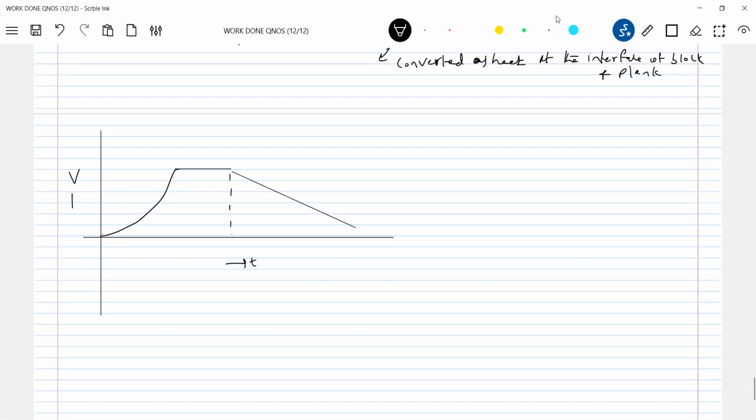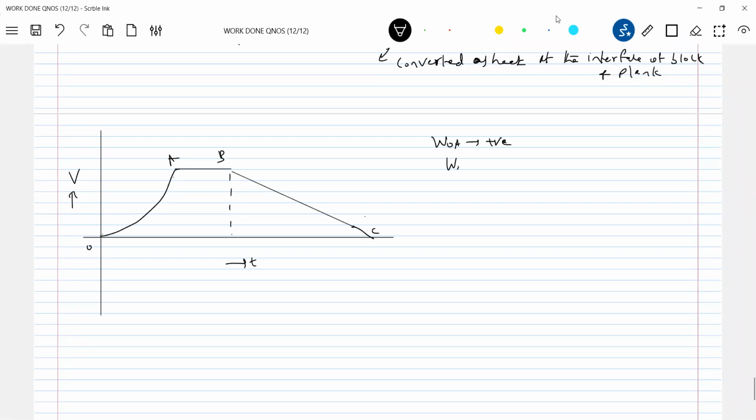Can you say anything about the work done by the force at various stages? For OA, shall I say positive? Speed increases, kinetic energy changes, net work done by the forces will be positive. And there can be more than one force acting. Some forces will be doing positive work, some negative work, but net work done will be positive.